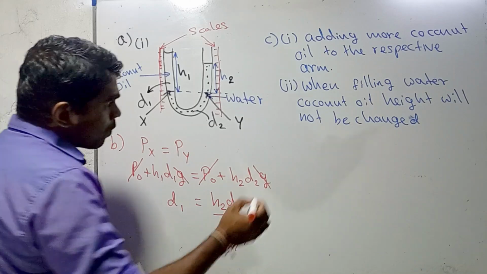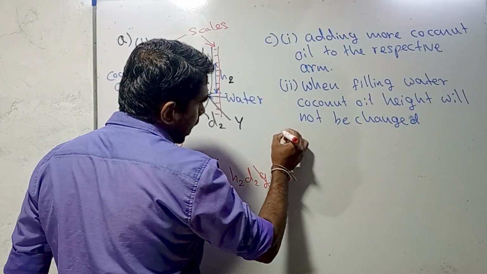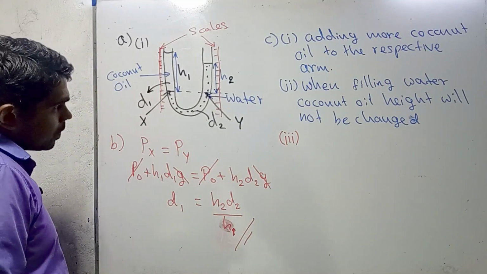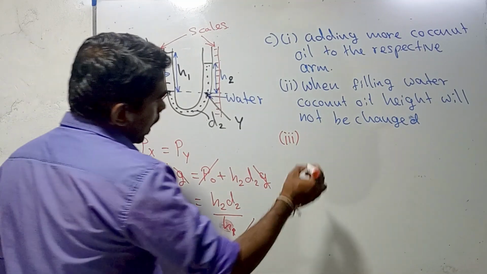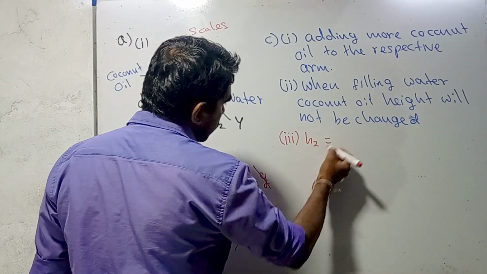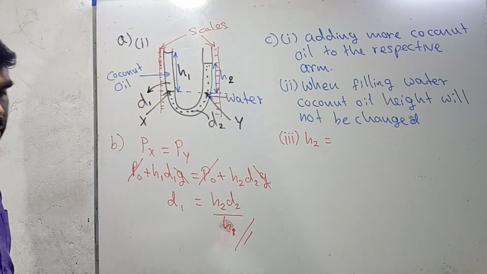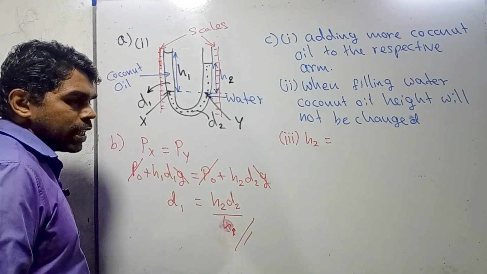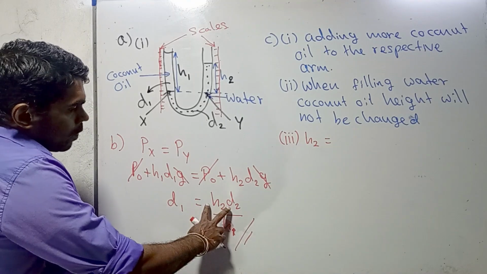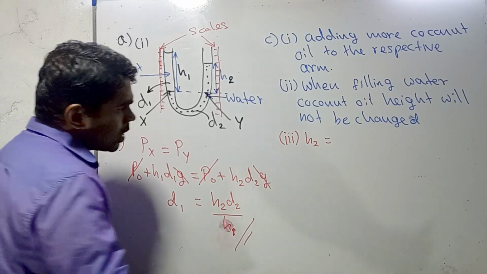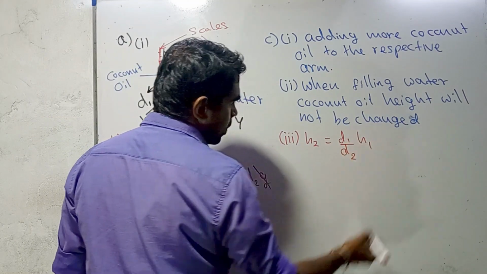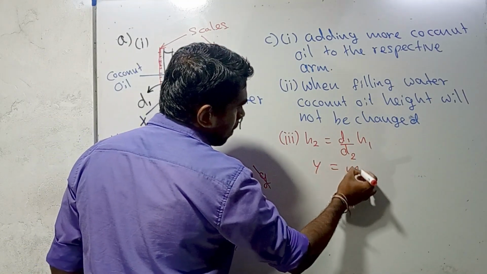First of all, I will rearrange this equation to draw the graph. We can make H2 the subject because it is the dependent variable. We are changing H1 and we have to measure the corresponding H2. H2 is D1 divided by D2 times H1.